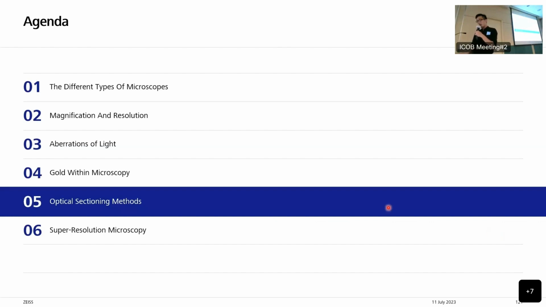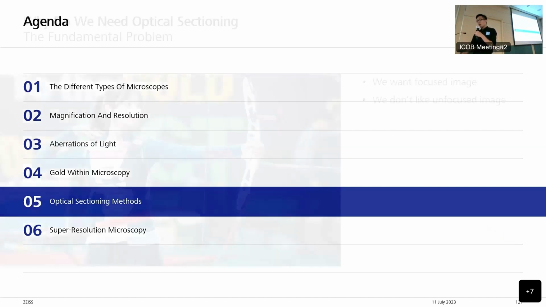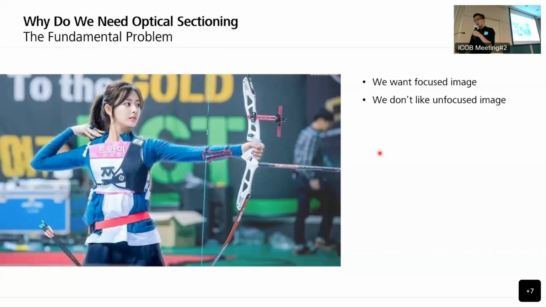So we just go directly to the optical sectioning method, because this is the reason why we want to use confocal microscope. For example, in this image, we have these beautiful ladies in the middle, and we also have some unwanted background information like the guy here, and also some lecture or this kind of stuff.